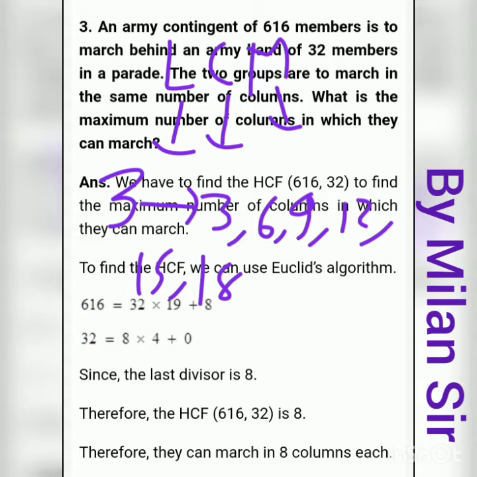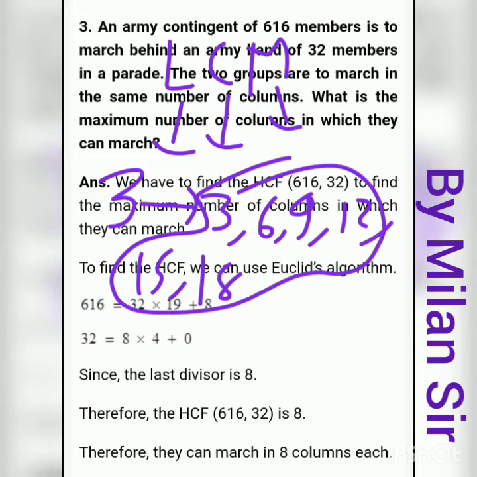Now if we think about the table of any number, it always starts with the number itself, and then we always get greater numbers. So multiples can never be less than the number, they are always greater than the original number.